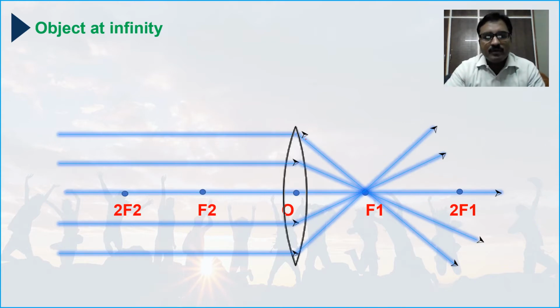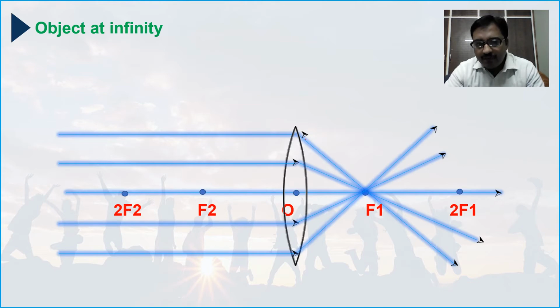When these parallel light rays are incident on the lens, they are going to be refracted as shown in the figure. After refraction we can find the light rays like this. They are a converging beam of light rays. They are going to intersect at a point. After that point we can find the light rays as a divergent beam of light rays.